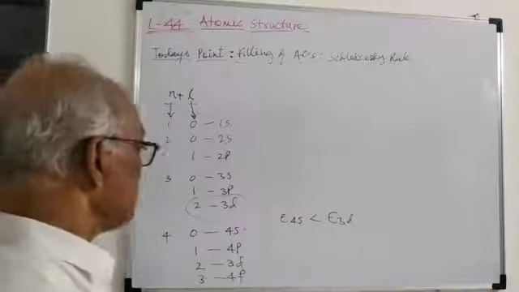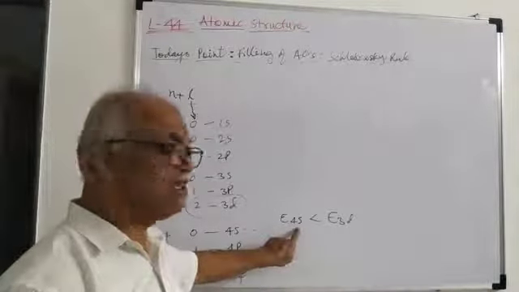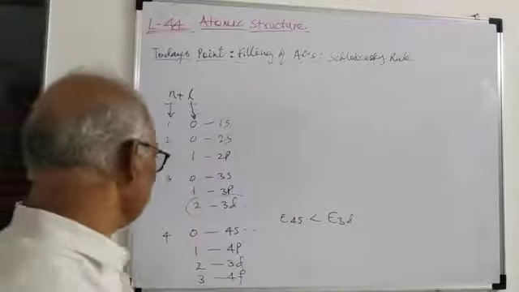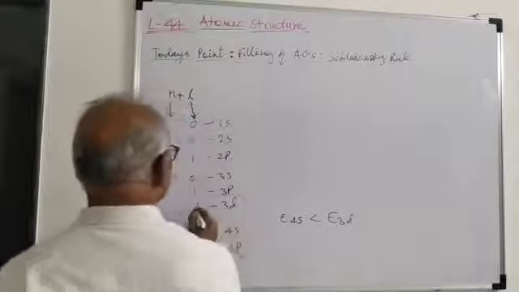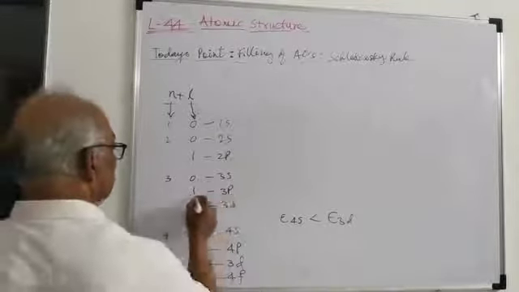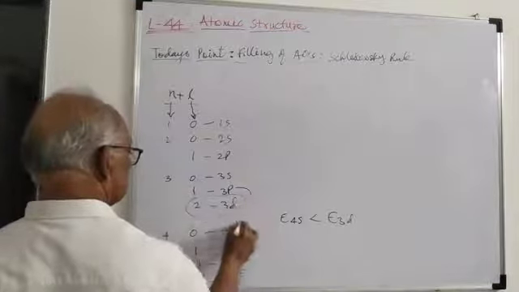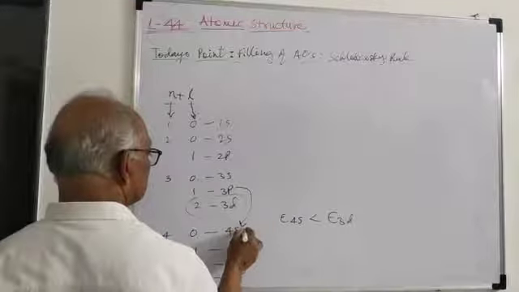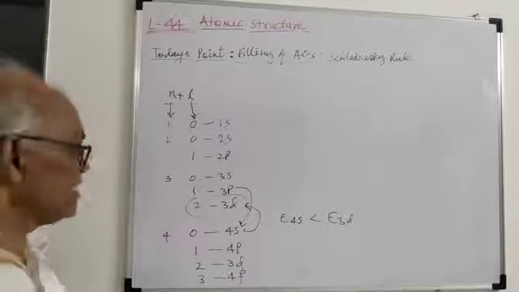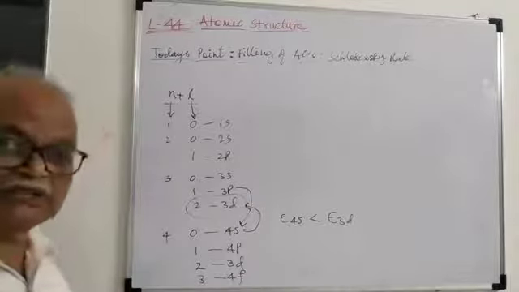So we have to fill the energy level 4s first, and then go for 3d. Instead of distributing electrons in 3d, we come back to 4s, and then again go back to 3d. In this way we carry out the distribution.